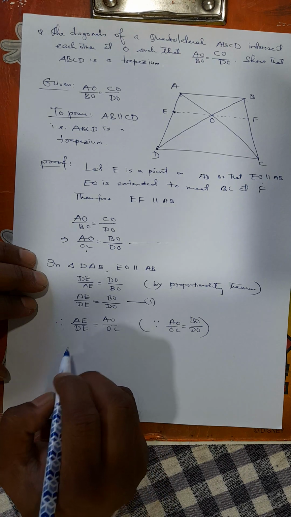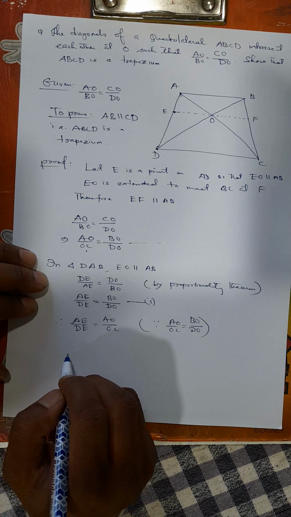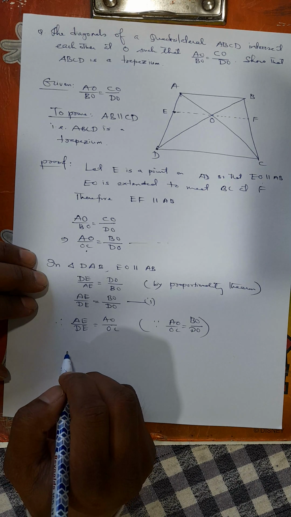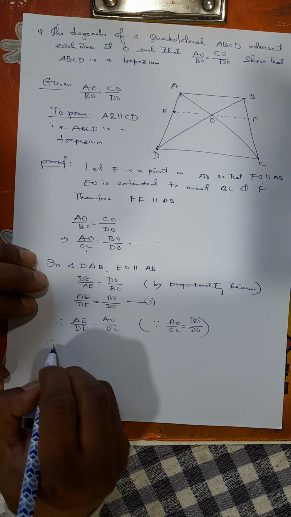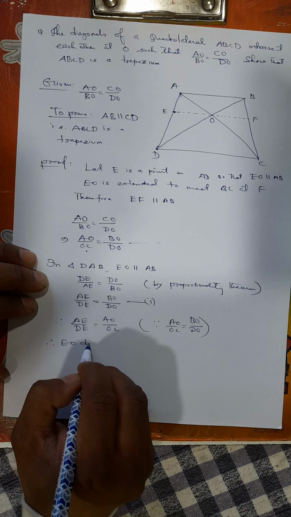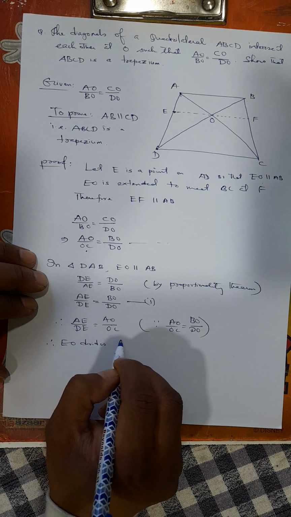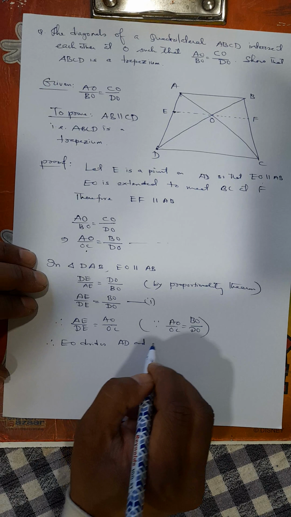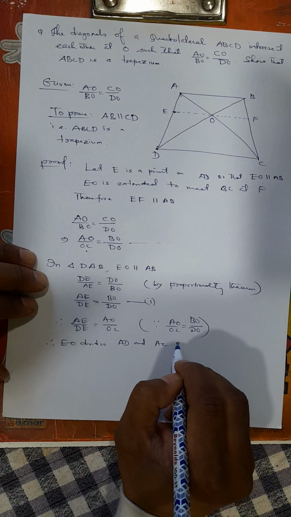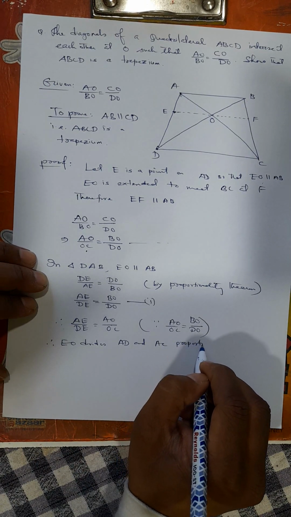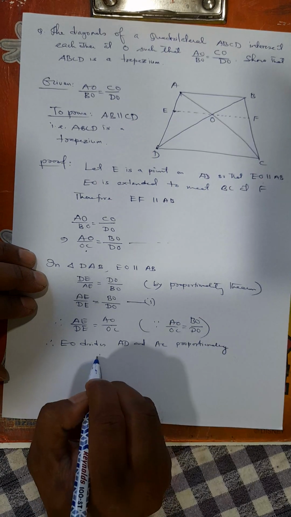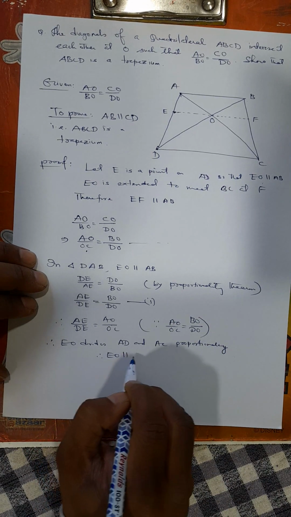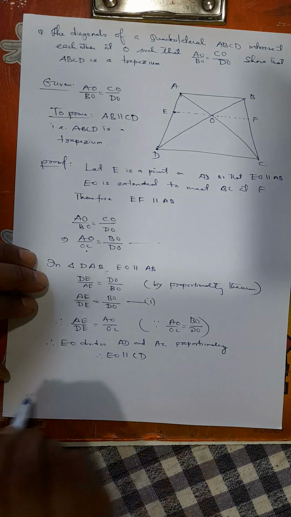That means EO divides the other two sides in the same ratio. So EO is parallel to CD. Therefore, EO divides AD and AC proportionally. Therefore, EO is parallel to CD.